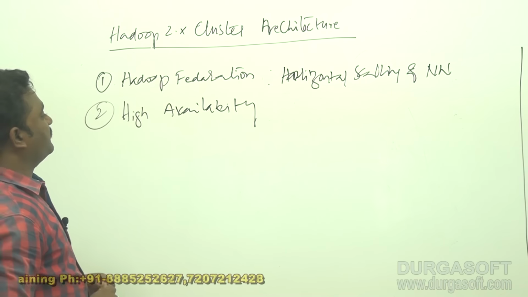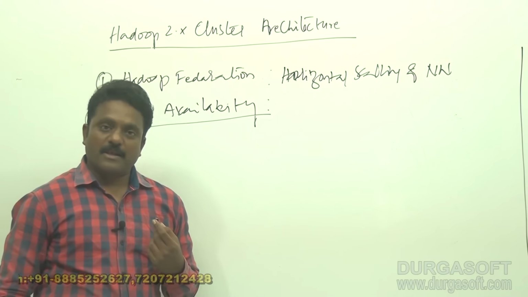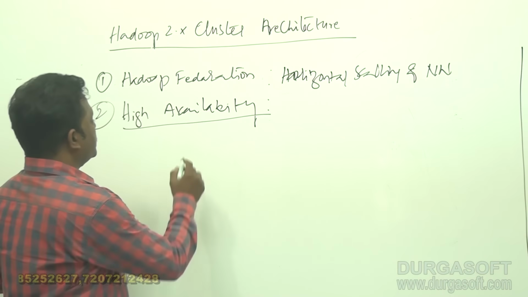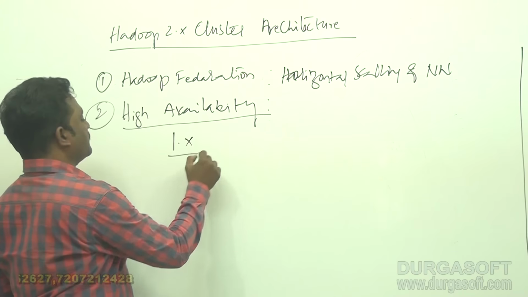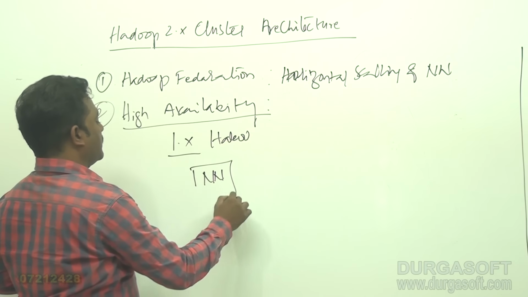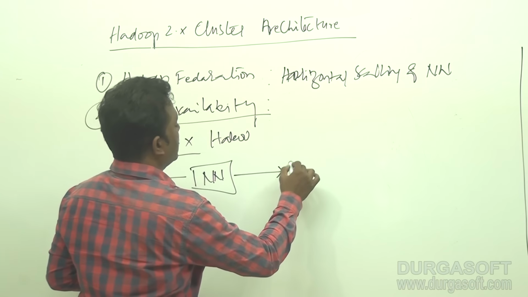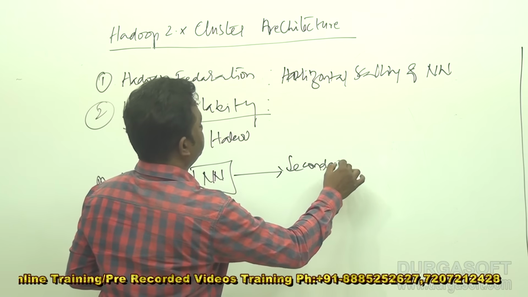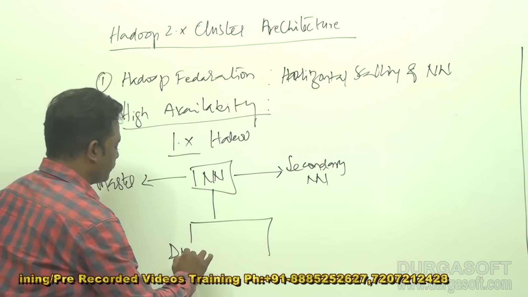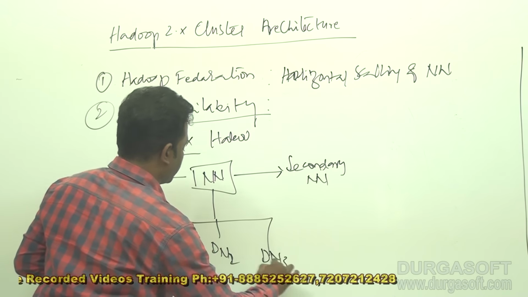Now the second topic that we are going to discuss is high availability. What is the meaning of high availability? As we all know, in Gen 1 Hadoop, or the 1.x version of Hadoop, we have a name node, which we call the master node, and something called the secondary name node, and attached to them are the different data nodes: data node 1, data node 2 and data node 3.